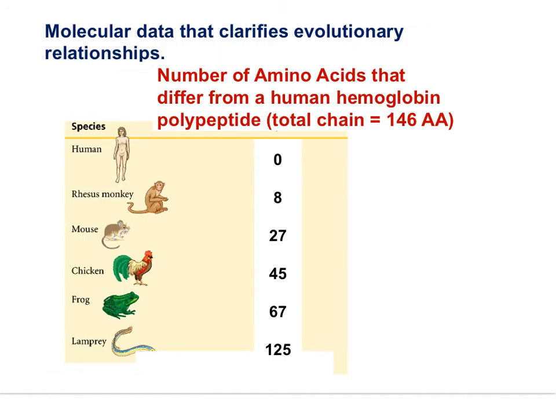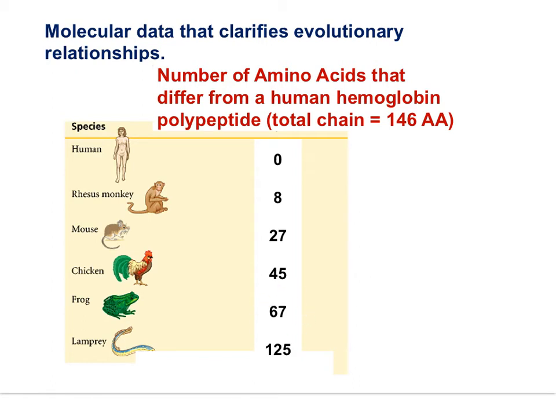The data on this slide shows the number of amino acids that differ in the hemoglobin polypeptide. Remember that the amino acid sequence of a polypeptide is determined by the nucleotide sequence in DNA. You can see that the number of amino acid differences between the human and the monkey is 8, while the number of differences between the human and the frog is 67.